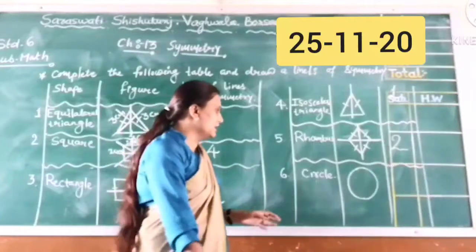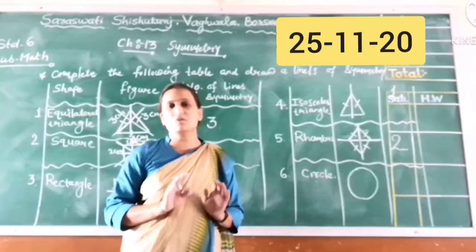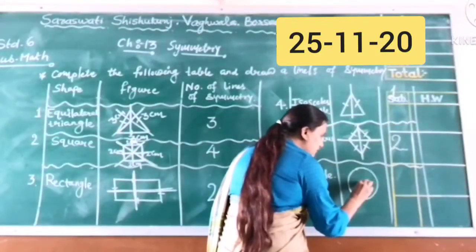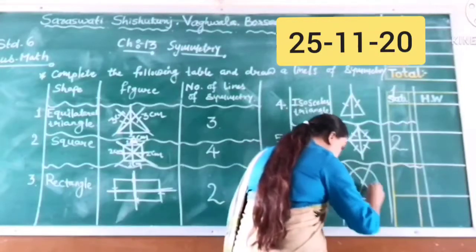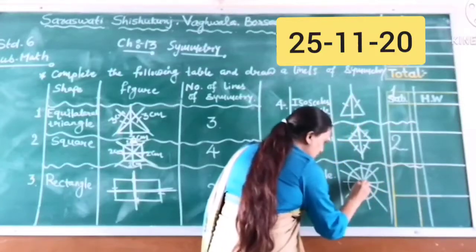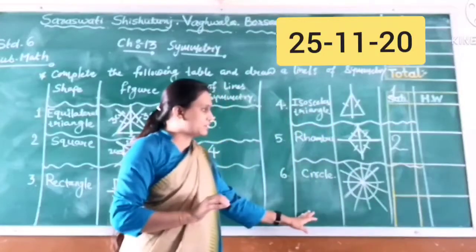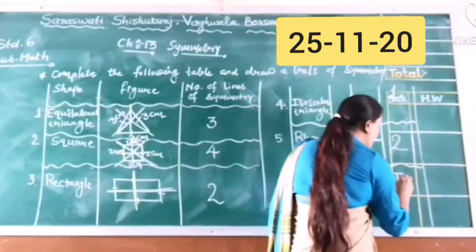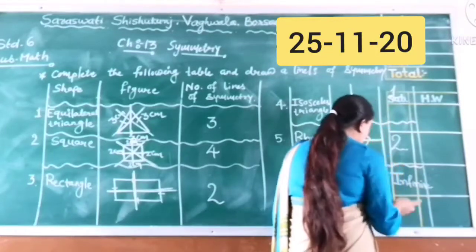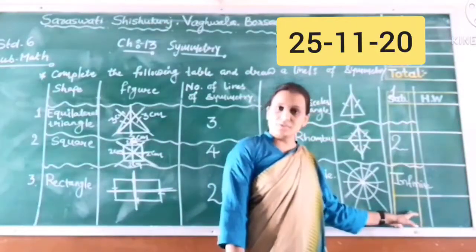Please remember that a circle is the figure in which we can draw infinite lines of symmetry. A circle has infinite lines of symmetry. Here I am explaining just a little bit about lines of symmetry. So a circle has infinite lines of symmetry. Only the circle is the figure in which we can draw infinite lines of symmetry.